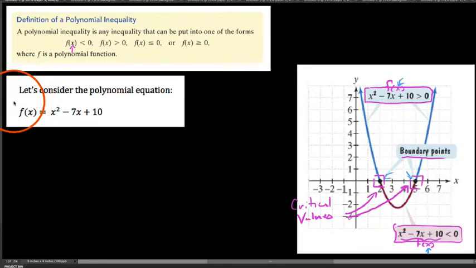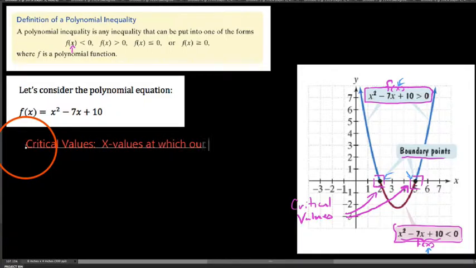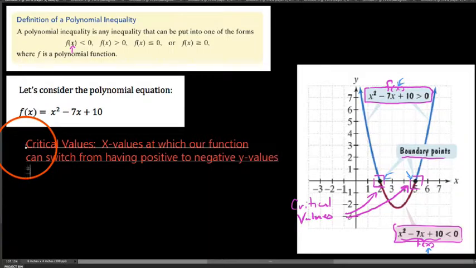So we're going to put a definition of critical values here. Critical values, in a nutshell, are x values at which our function can switch from having positive to negative y values, or function values, and does not have to switch.